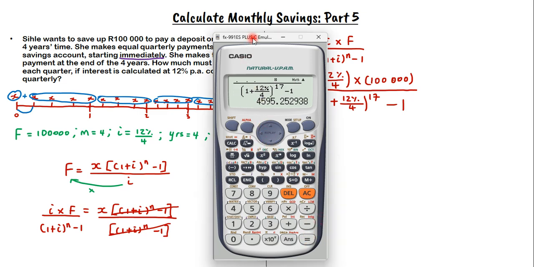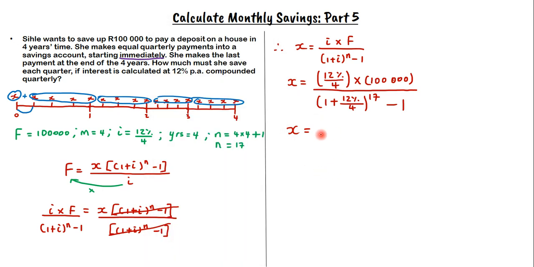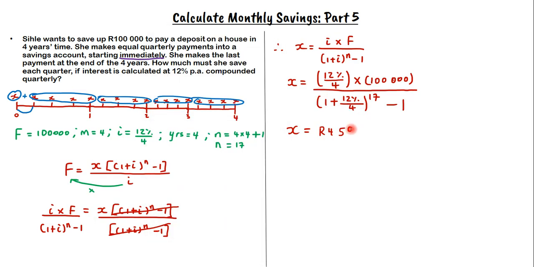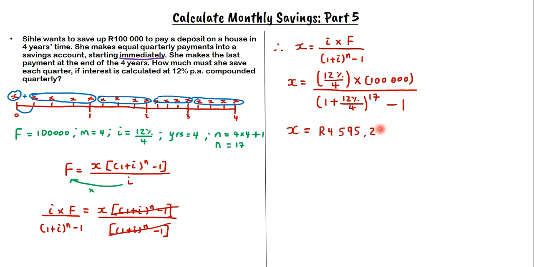So press the equal sign, and it means Sihle needs to save up R4,595.25 each quarter, and that is how we get our quarterly savings. And that is all for this video, and I want to see you in the next part. Cheers.